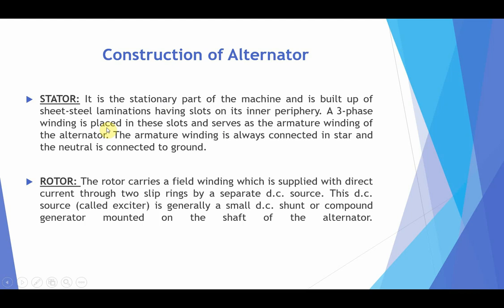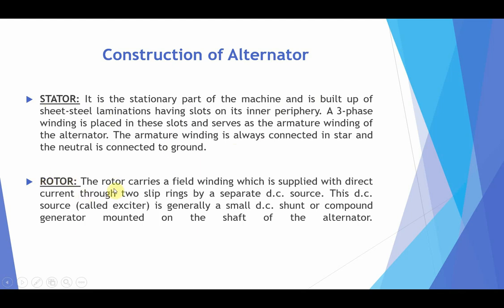A three-phase winding is placed in these slots and serves as the armature winding of the alternator. The armature winding is always connected in star, and neutral is connected to ground. In the stator, the stationary part has a three-phase winding, and the stator is made up of laminated steel, and on its inner periphery we have slots in which windings are housed.